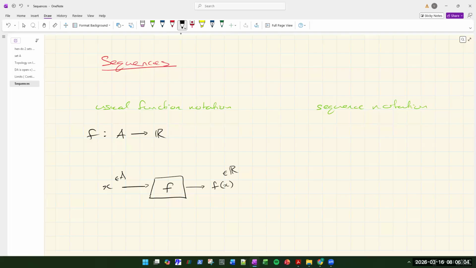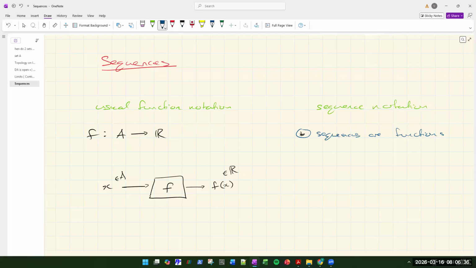Now, the notation for a sequence is slightly different. The first thing we need to realize is that sequences are special types of functions. That's the first thing to note: sequences are functions.